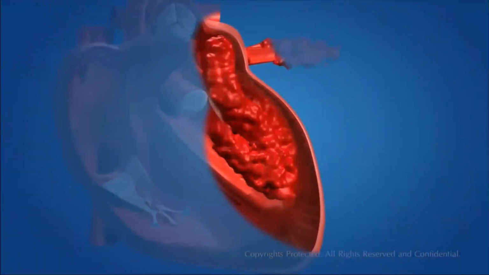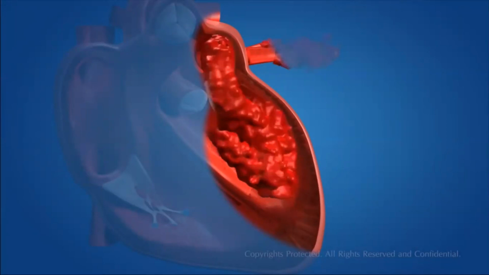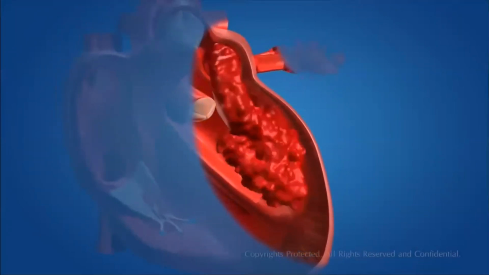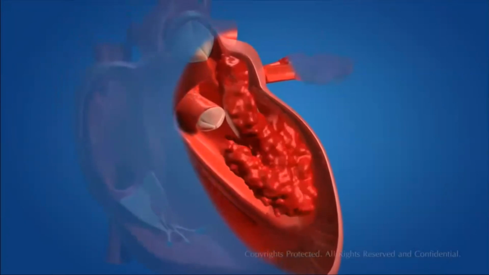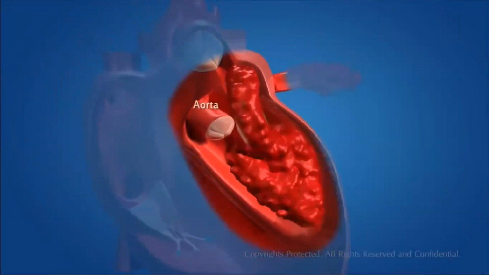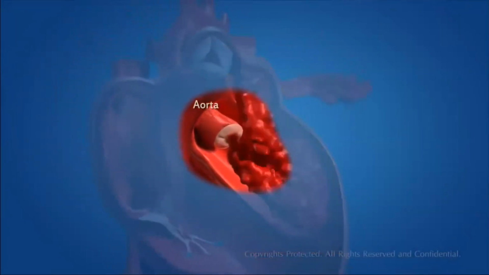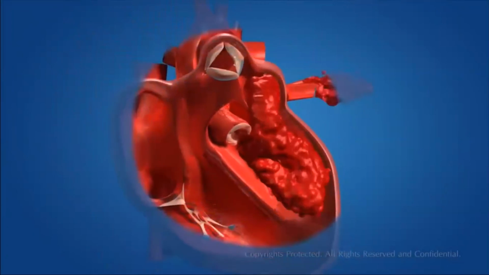When the left atrium contracts, the left ventricle relaxes simultaneously. The left atrium pushes the blood into the left ventricle through the one-way valve. When the left ventricle contracts, the blood is pumped into the aorta, which carries oxygenated blood to the different parts of the body except the lungs.